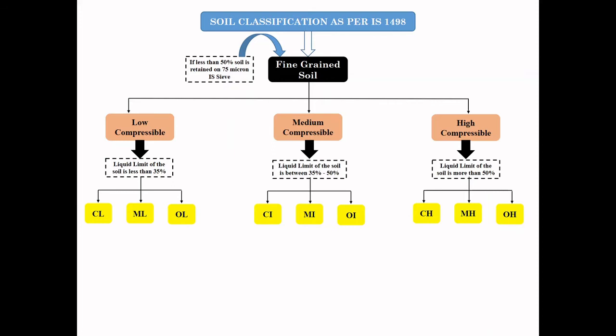L indicates low compressibility, I indicates medium compressibility, and H indicates high compressibility.